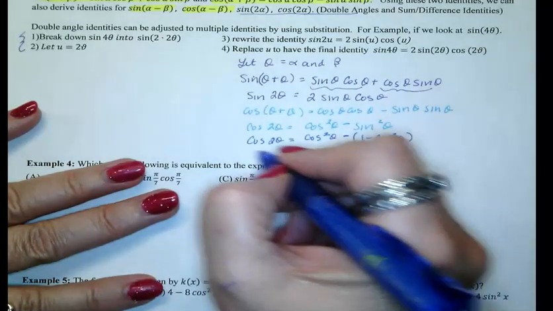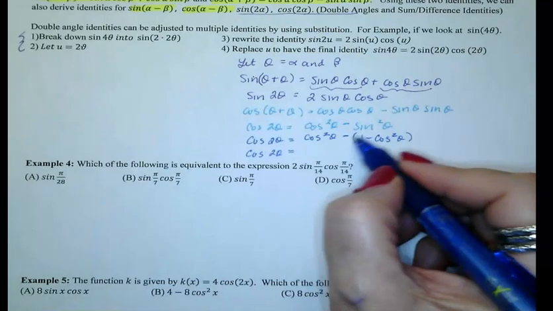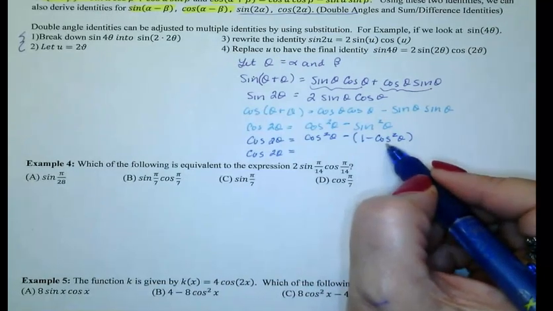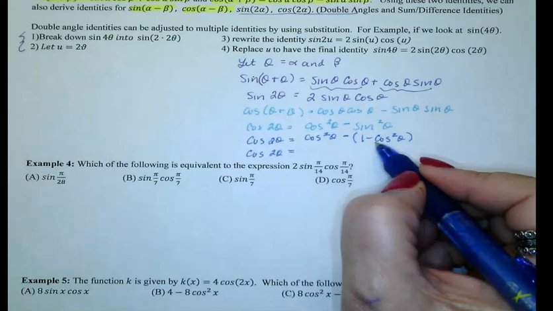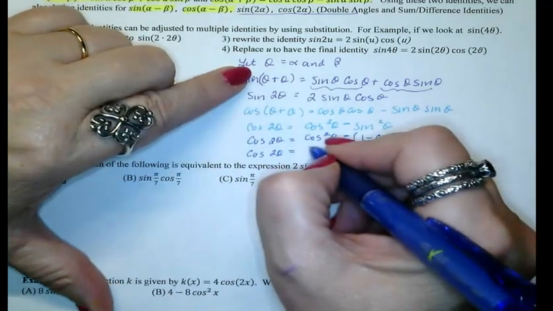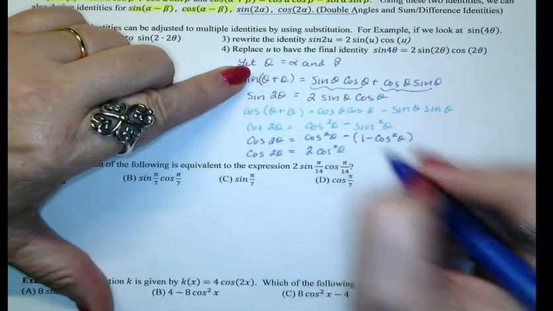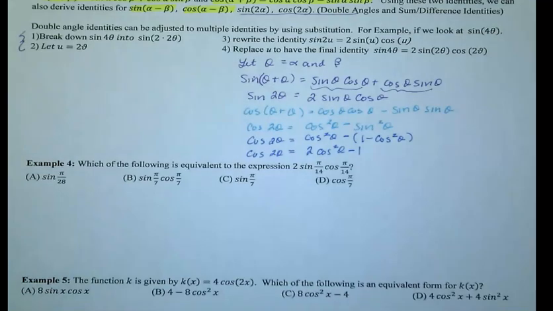And so I have cosine 2 theta equals, so that's a -1 and a negative is a positive cosine. So when I collect my like terms, these two things can collect together and be 2 cosine squared theta. And then when that's distributed through, that's just -1.